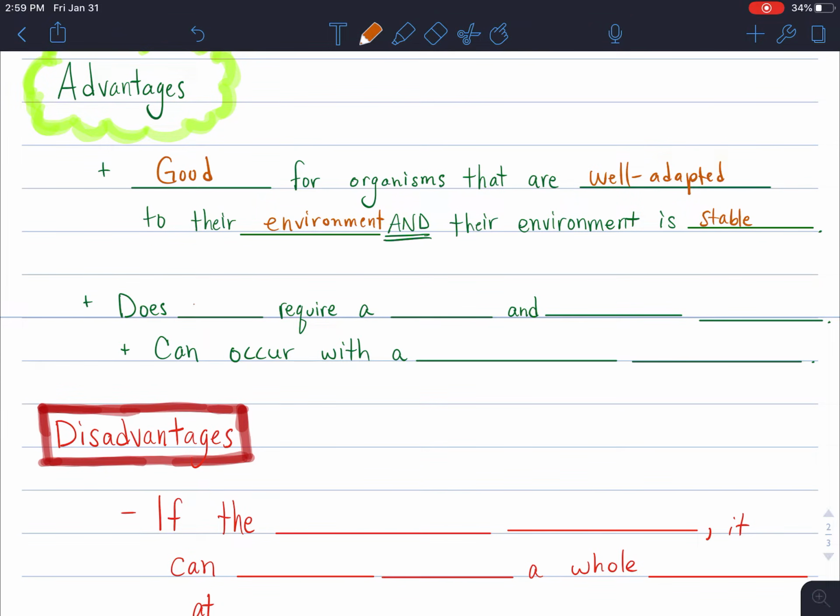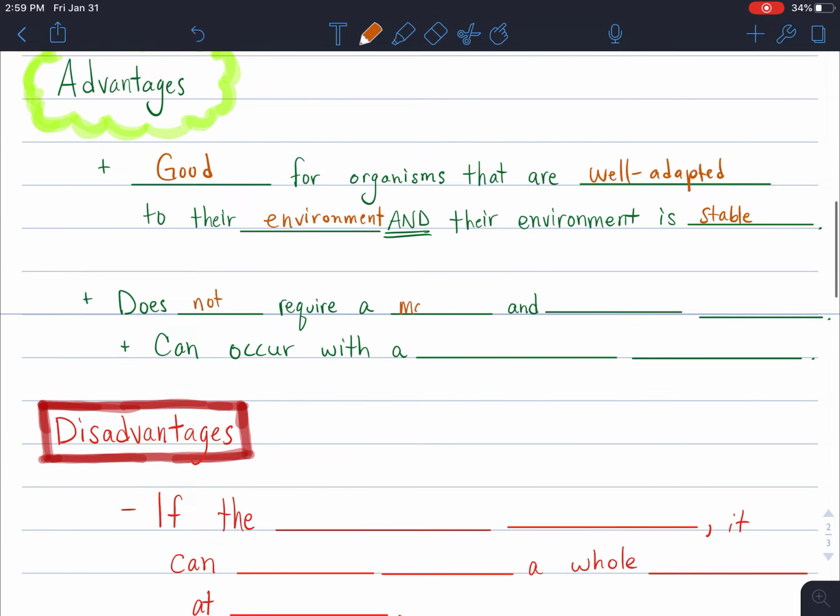Another advantage is that it does not require a male and female. So if you don't have a male and female, you don't need male and female gametes, which, remember, those are the egg and the sperm, those single cells that have half of the male's DNA and half of the female's DNA. You don't need two individuals in order to reproduce.